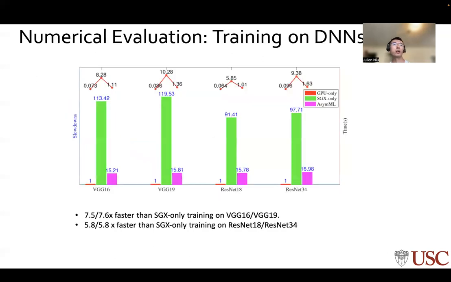We also conduct comprehensive numerical evaluations on the performance. The first one is the running time on the most commonly used models. If we compare the training time, we can see that it achieves almost 8 times faster than SGX-only training on VGG networks and almost 6 times faster than SGX-only training on ResNet models.